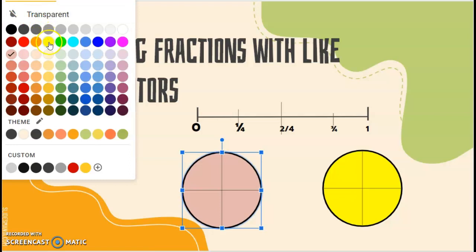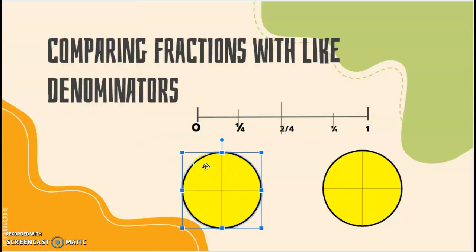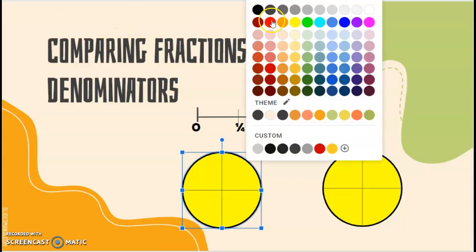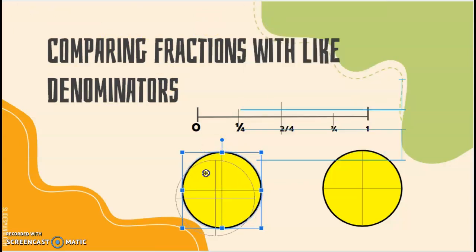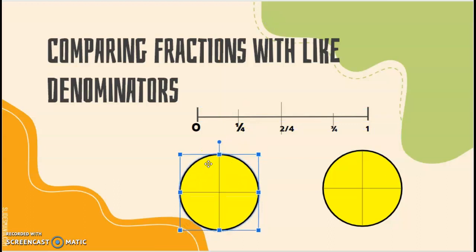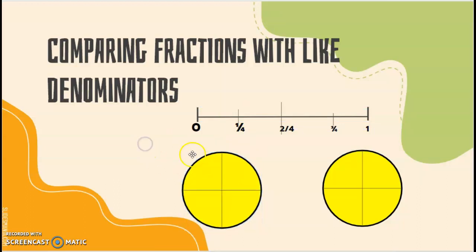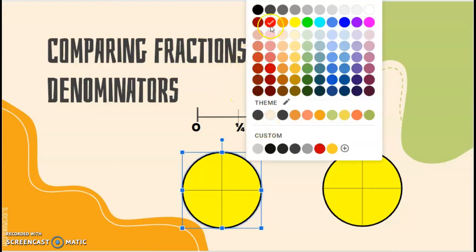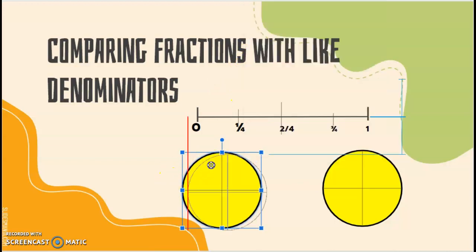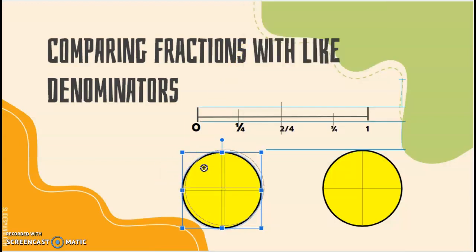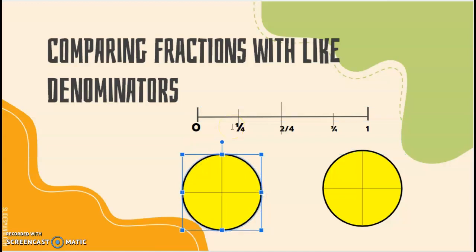Now I've changed it a whole different color. Okay, yellow. So let me just use my pen here on my marker to shade. Okay, is that doing what I needed?